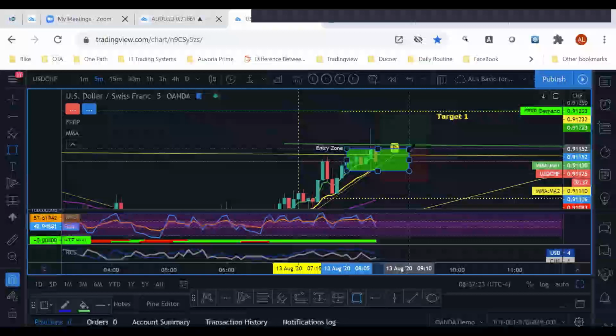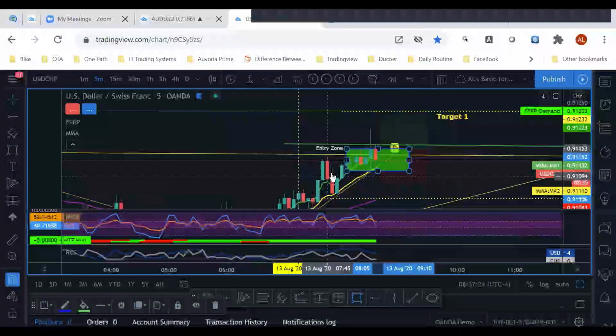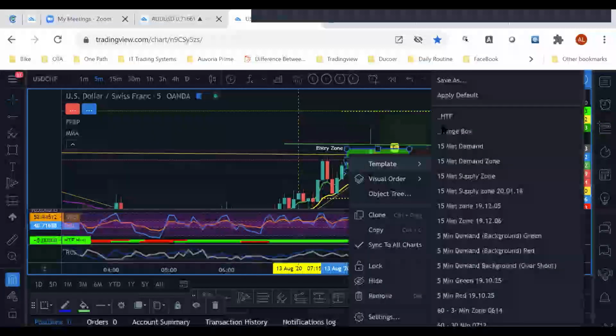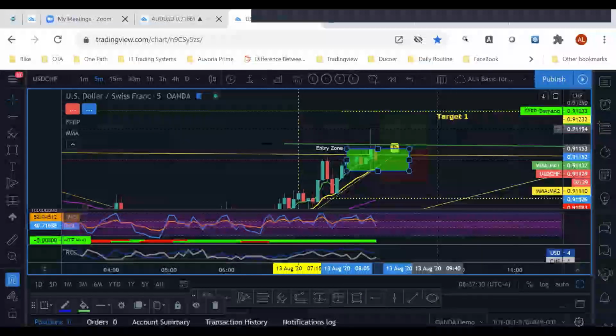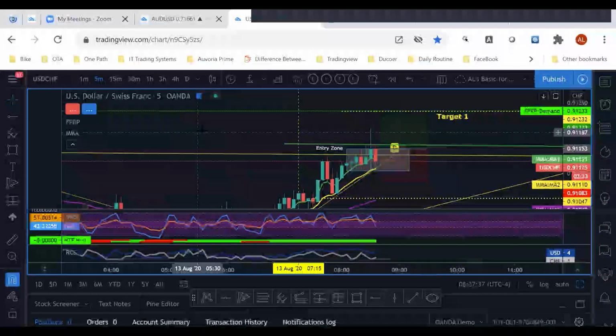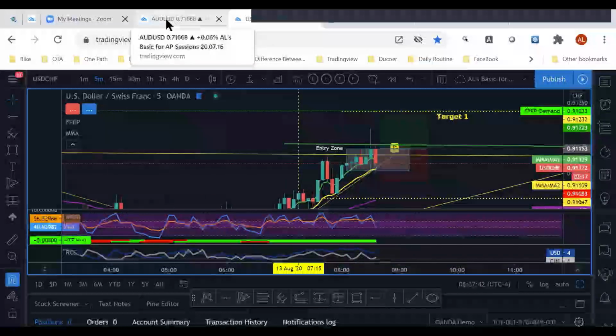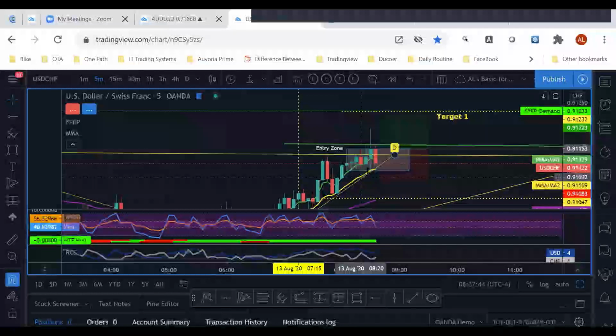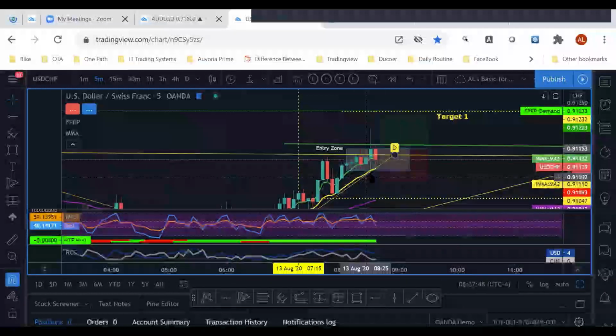This is a significant level right in here. See what it's going to do. Still respecting this 13 period exponential moving average on the 5-minute chart, still respecting that.